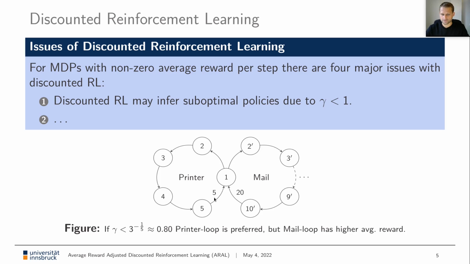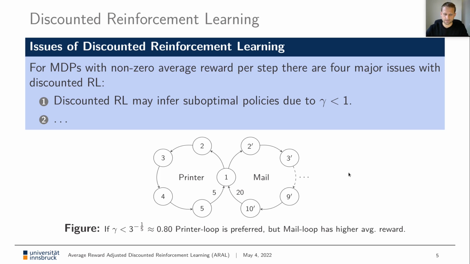Or in other words, the average reward per step is 1 for the printer loop. If it does the mail loop, that means going right, it has to do 10 steps, but then in the last step receives a reward of 20. Obviously the average reward per step here is 2, so the mail loop is preferred over the printer loop.